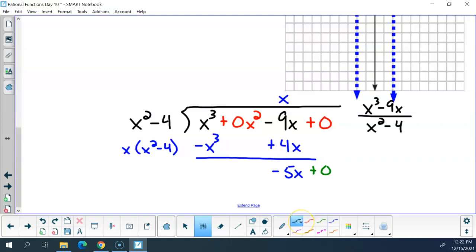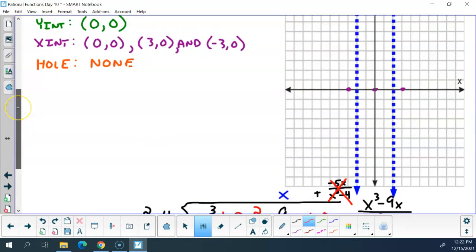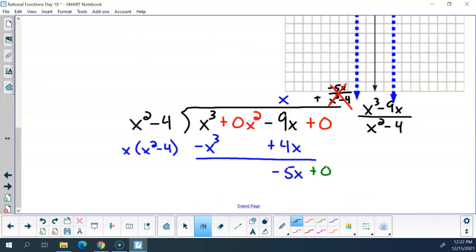So then that is my remainder. What do I do next? Did the division. Drop the remainder. So that remainder is actually gone. And so my slant asymptote is just y equals x. It's a line.